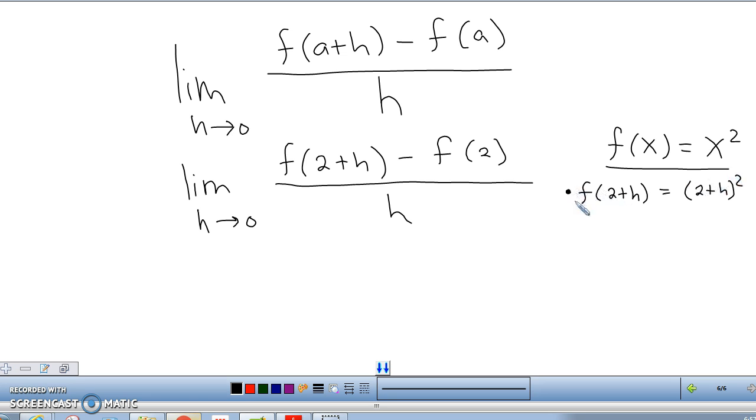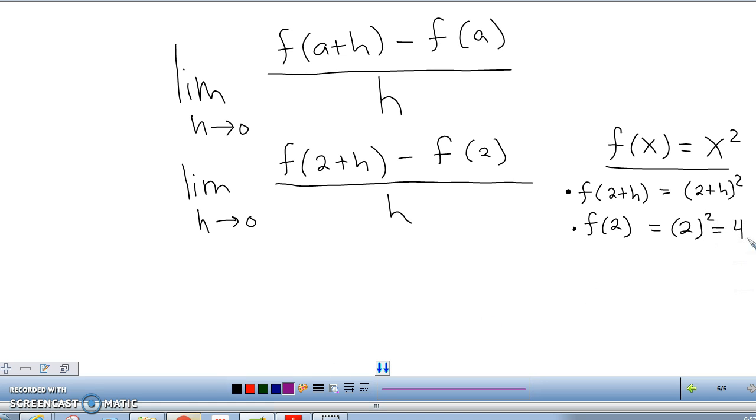So we're using that rule to figure out f of 2 plus h. That's what we're going to replace here. f of 2 is just 2 squared, which is 4.